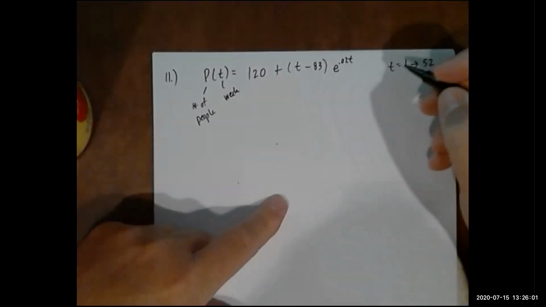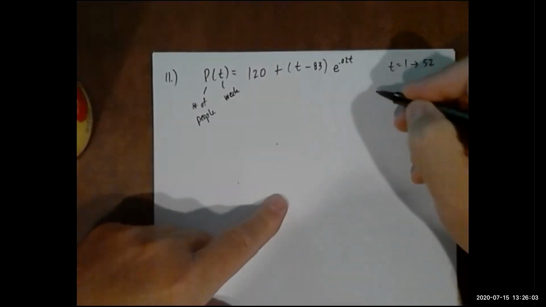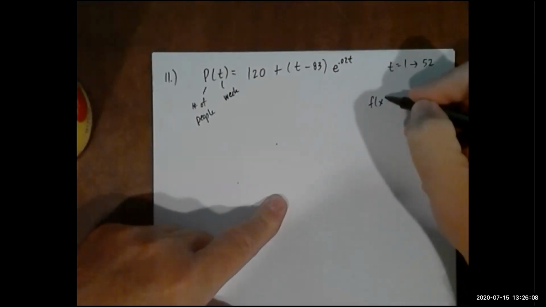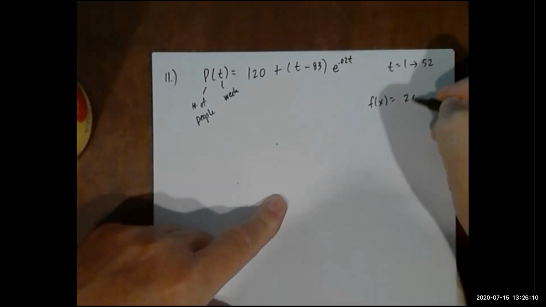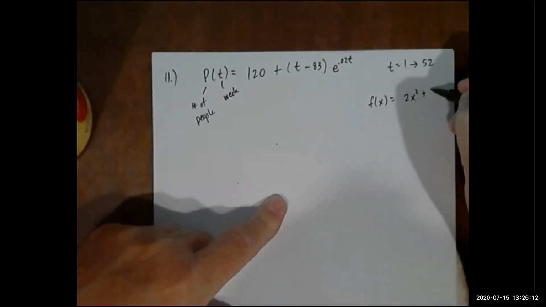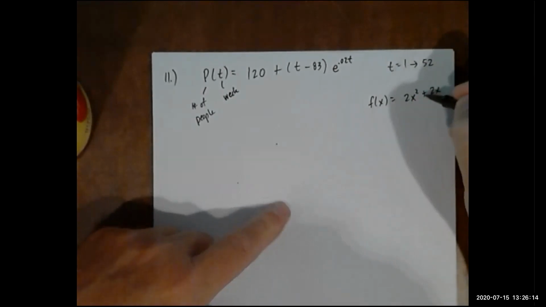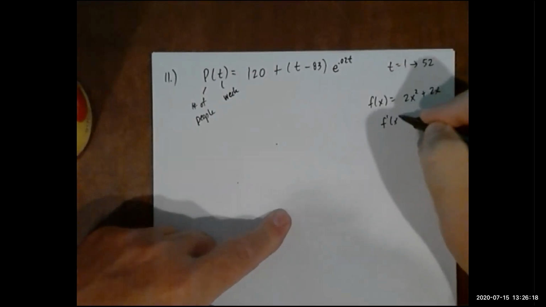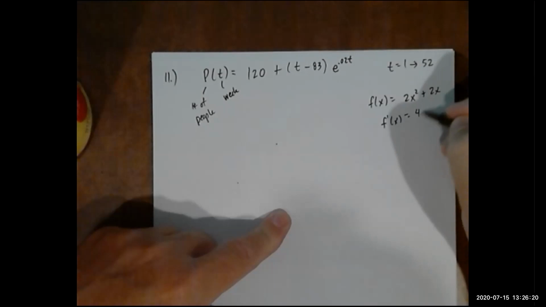Now normally, the kinds of problems we've done have been typically like f of x equals 2x squared plus 2x, and we get used to the first derivative being written as just 4x plus 2.